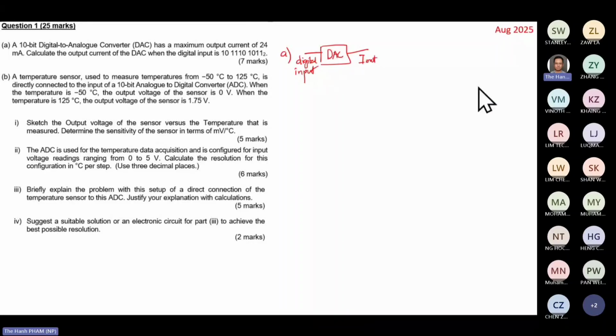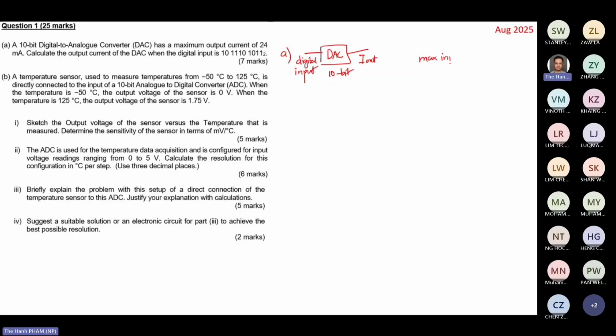Now they say the max output. You have max output when you have max input.